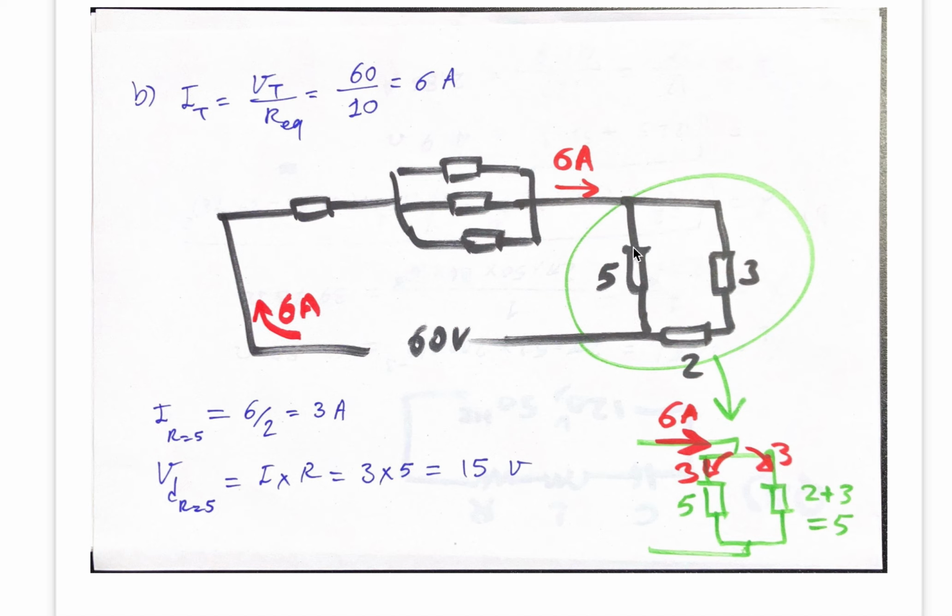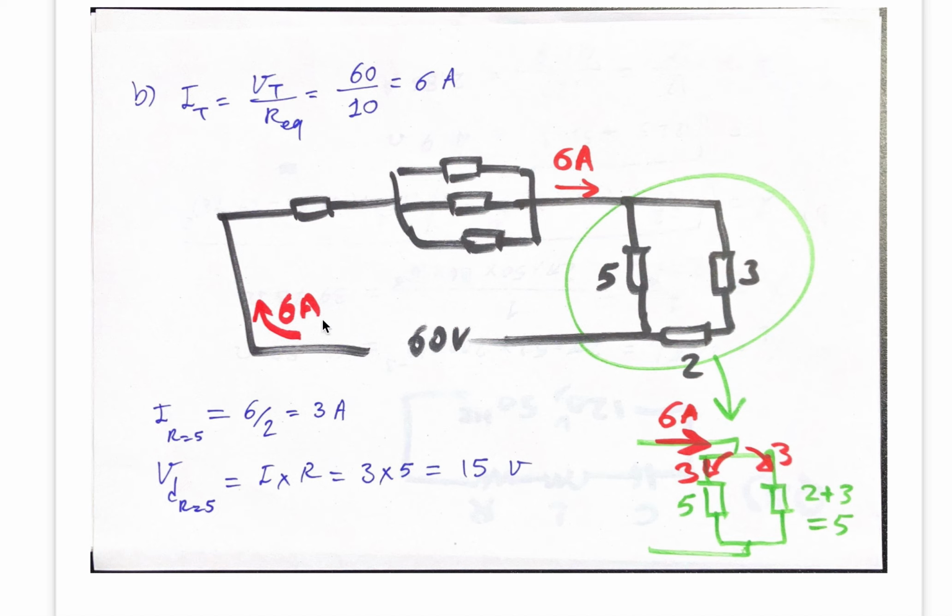And before identifying the current here, I need to know what is the total current in this circuit. So total current here is again total voltage divided by the total resistance. Total resistance is what you got in section A, while total voltage is this new voltage, 60 volt. Be careful, it's different from 100 volt, which was in section A. So 60 divided by 10, 6 amp.